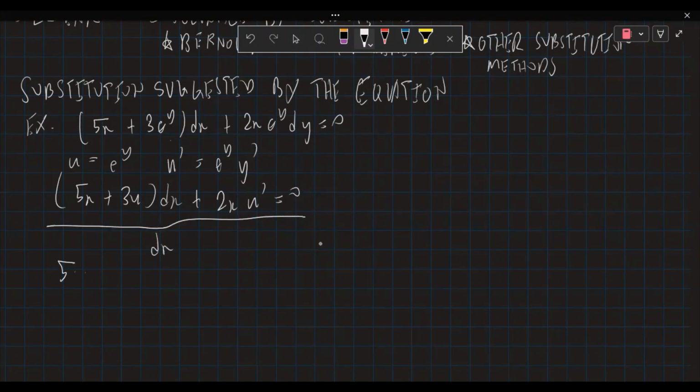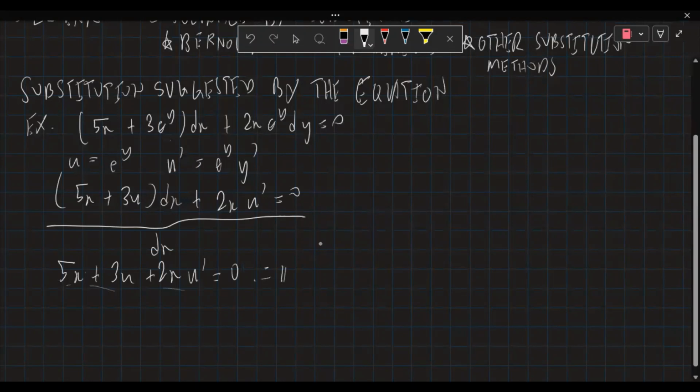So this becomes 5x plus 3u plus 2x times u prime equals 0. And we can see that it became a linear equation. From there, we can do the process of linear solution, the integrating factor and the integration and all that stuff.